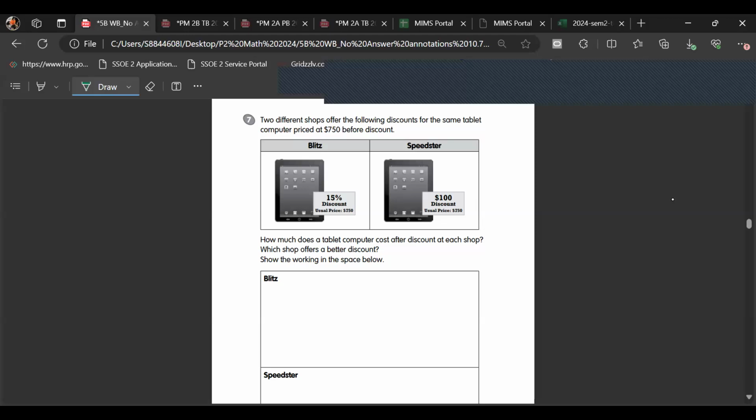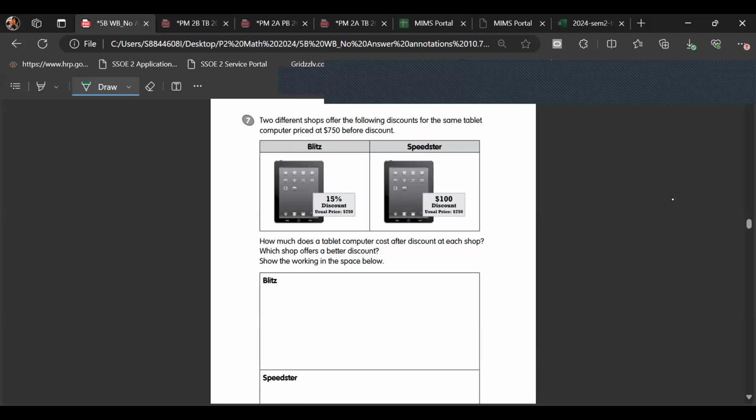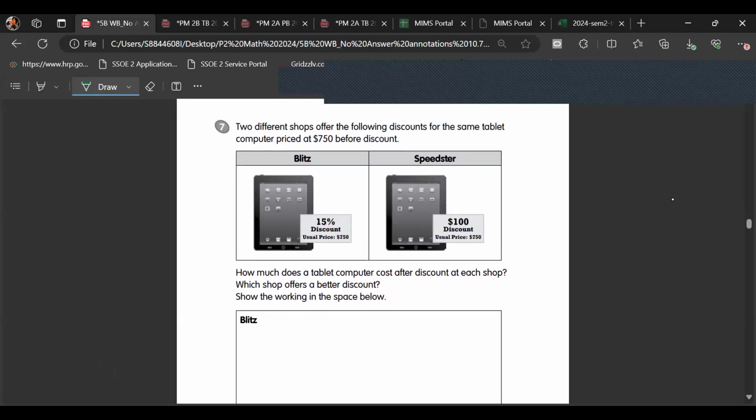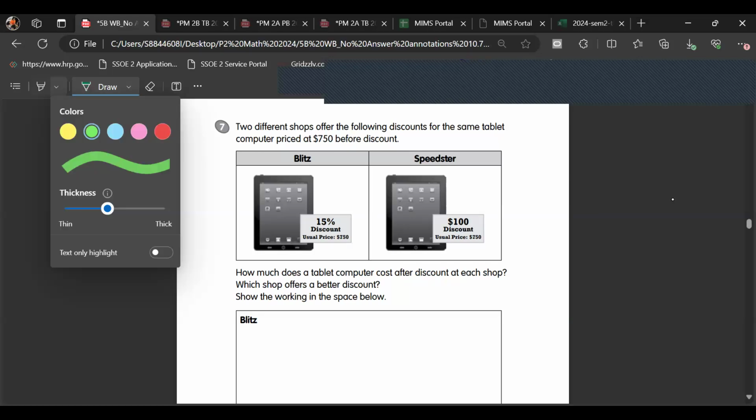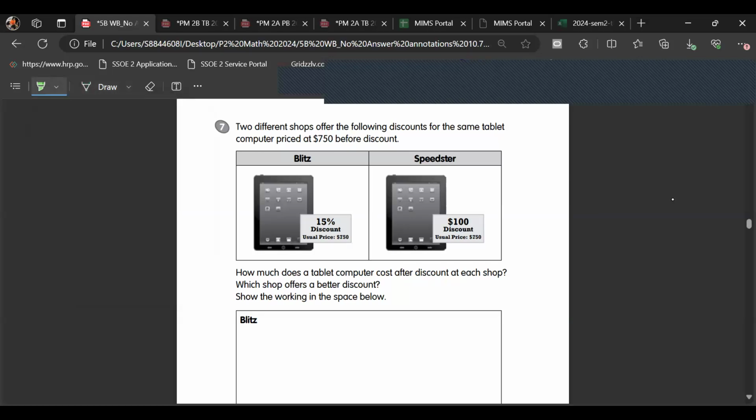Okay, this is the question we talked about last Wednesday. Is it cheaper for Blitz or is it cheaper for Speedster? You decide who to buy from.